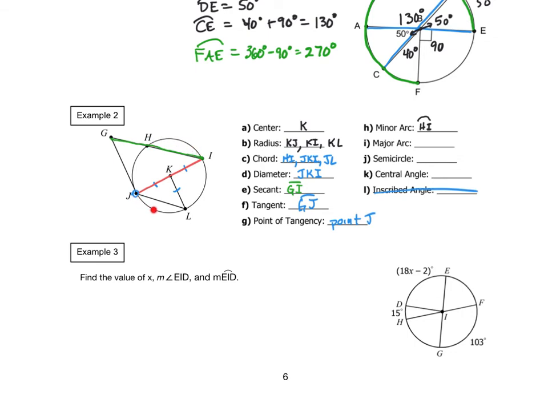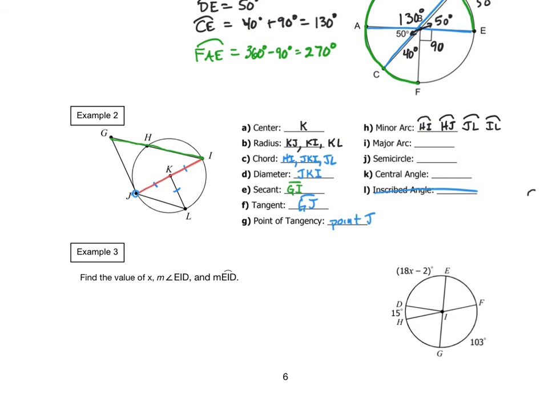I also have JL, which is less than 180. I have IL, which is less than 180, and then I also have HJ, which is less than 180. So I have 4 possibles to choose from. HJ, not segment, but arc. JL, and then IL. Those are possible minor arcs.